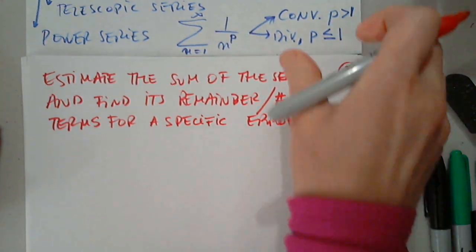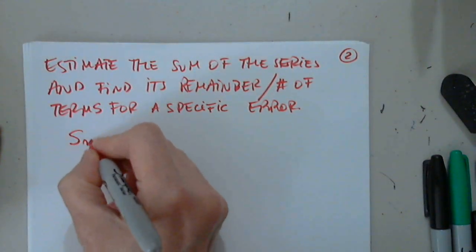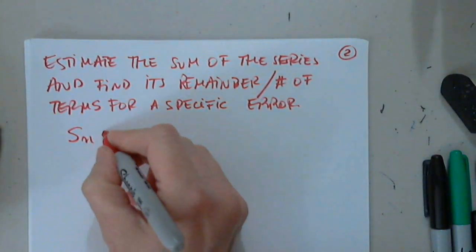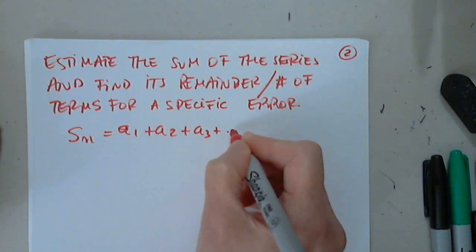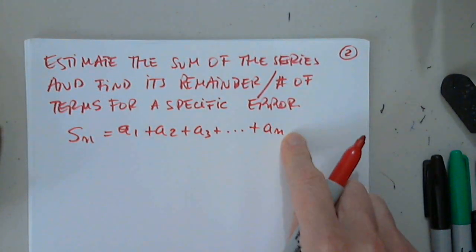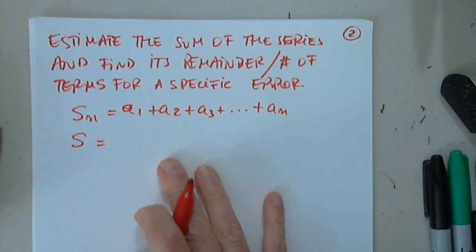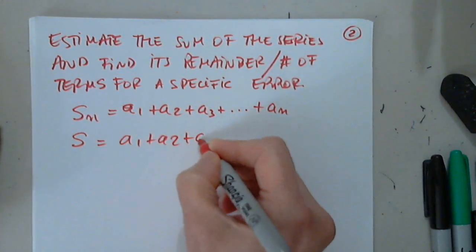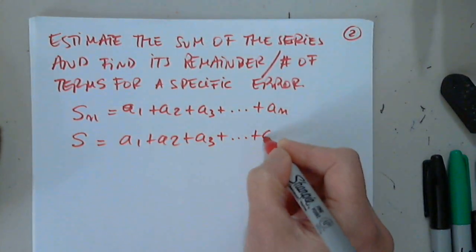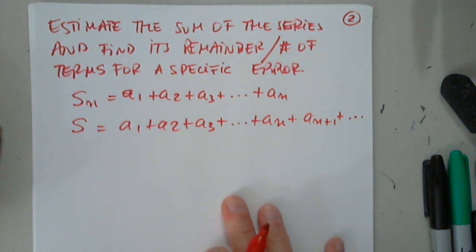Okay, so the explanation for this is, as we know, the nth partial sum is a1 plus a2 plus a3 plus dot dot dot plus a sub n, and it stops here. The entire sum of the series continues forever, right? So a1 plus a2 plus a3 plus dot dot dot plus a sub n plus a sub n plus 1 plus dot dot dot.